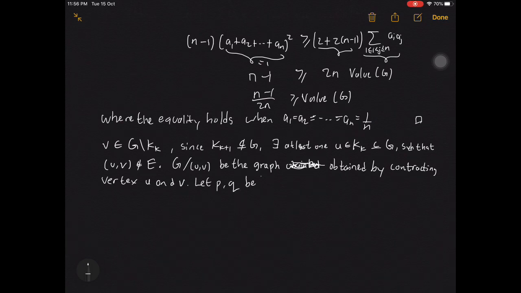Let P and Q be the labels of vertices U and V respectively.